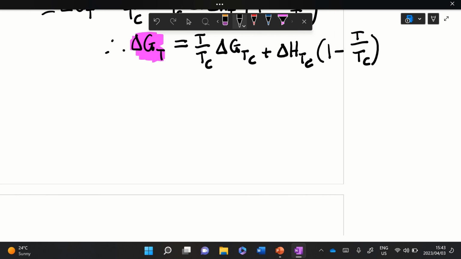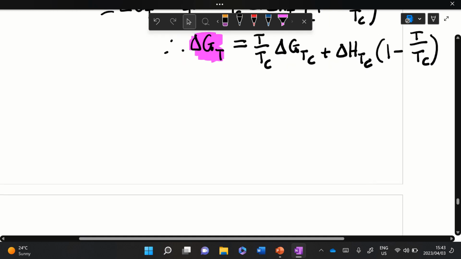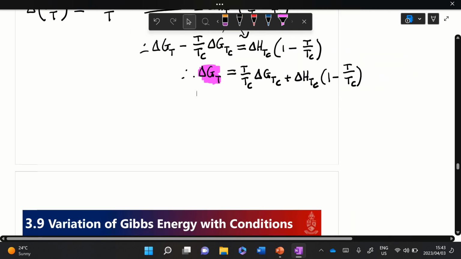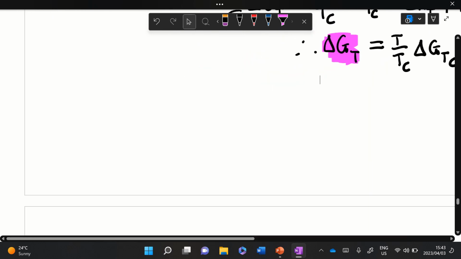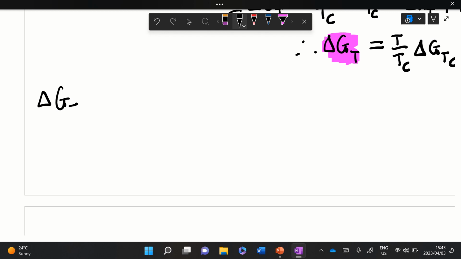I think it would be prudent to write this out. So delta G of T, at 500, is equal to, okay, T is 500 Kelvin over 298 Kelvin.